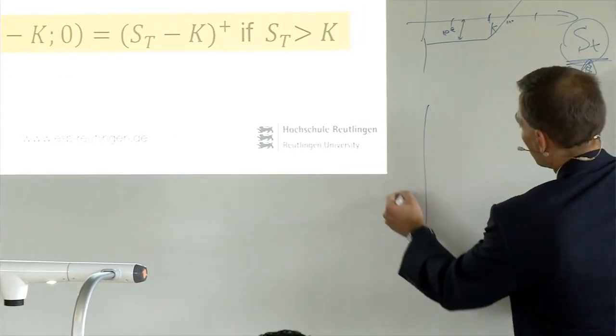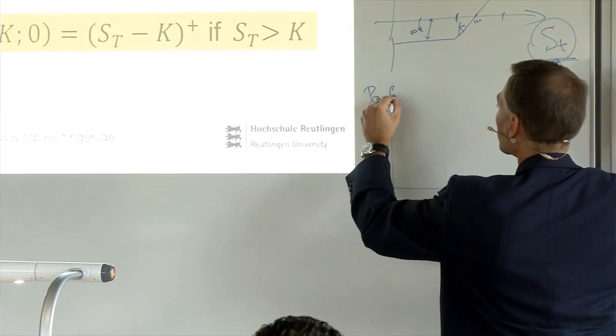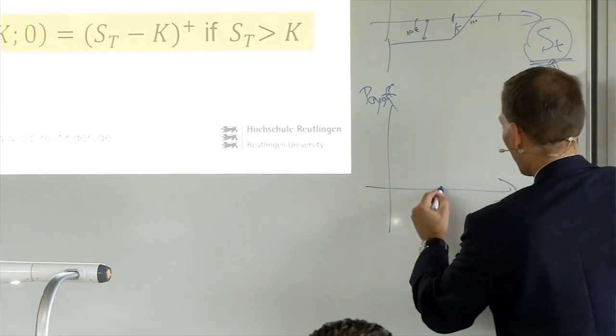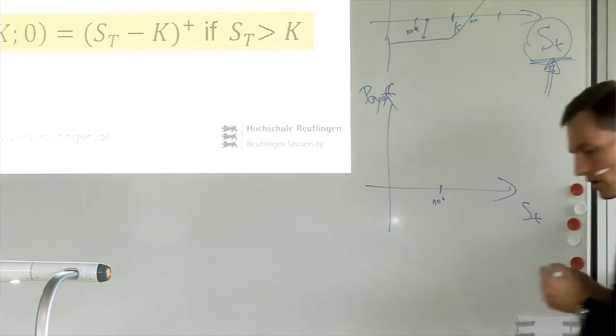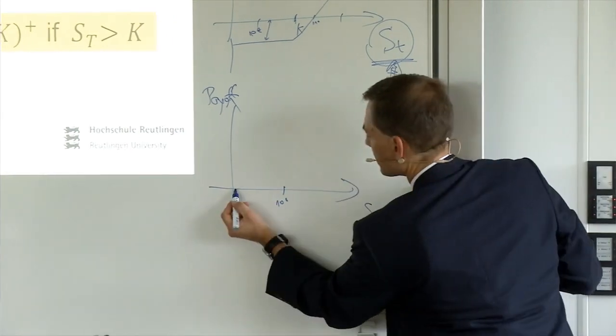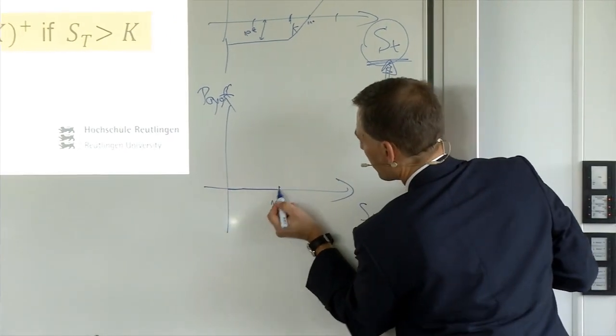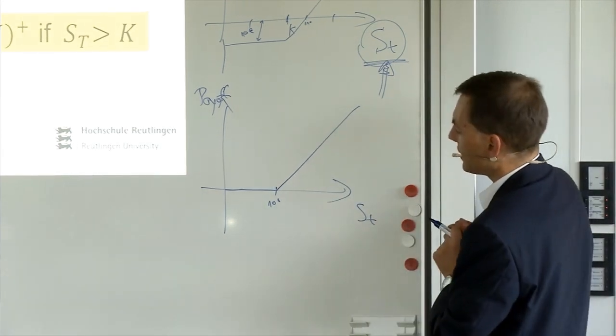It's best to take an example. We have the payoff, the underlying asset, and we say the strike price is 100. And then we already know the payoff function looks like this, and the question is, why does it slope up with 1?